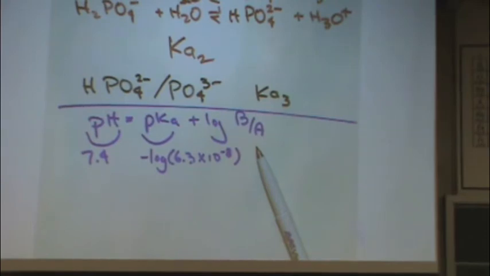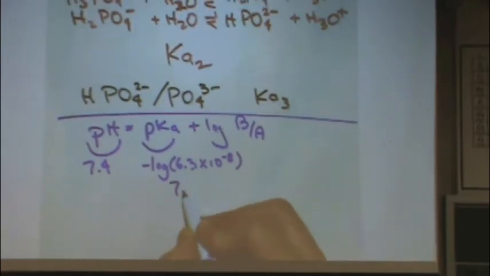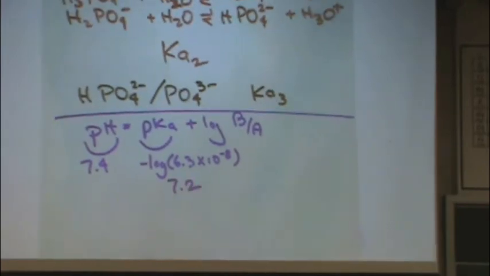What the log of B over A is going to do? 7.2. Okay, this is 7.2. The log of B over A is going to raise this 0.2. So I want to figure out what B over A is going to be to raise this value up by 0.2, so that 7.2 plus 0.2 will equal 7.4. That's what I'm trying to do.